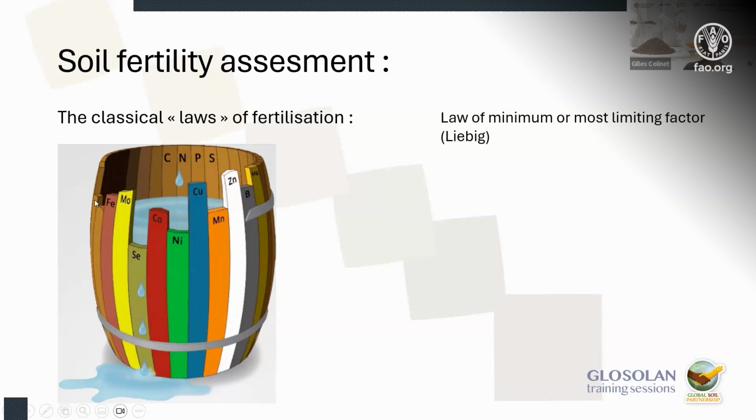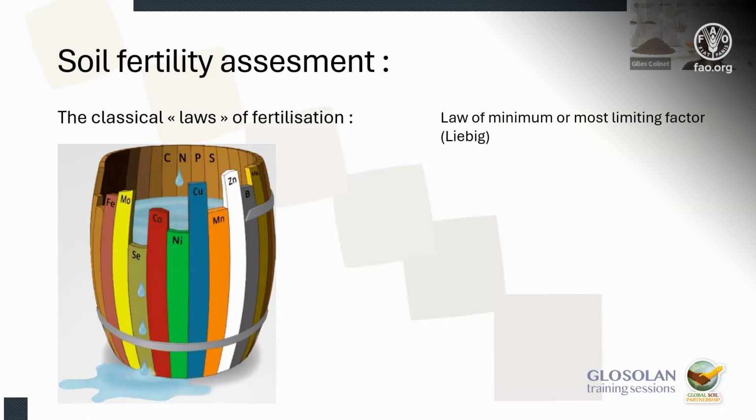You can suppose that you have a soil which has good levels of carbon, nitrogen, phosphorus, sulfur, and so on. But selenium is a limiting factor, and it will impede a good yield. So if you want to increase the yield, you first have to control these levels. And if you want the maximum yield, you have to alleviate all the limiting factors.